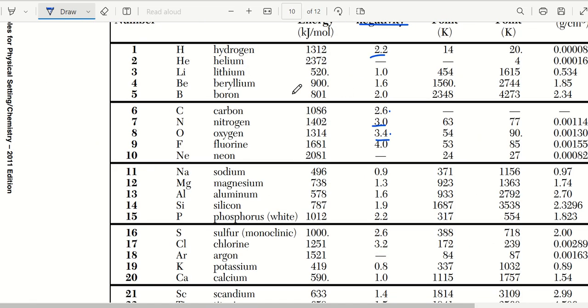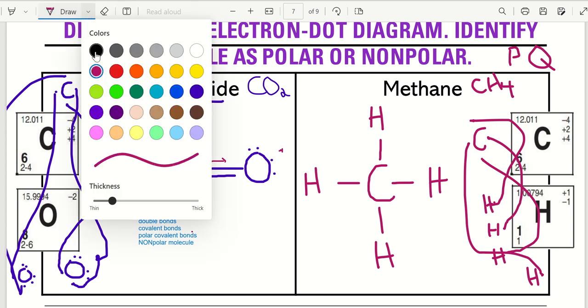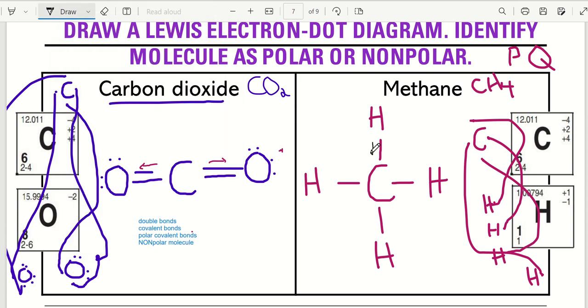So this bond, right, 2.6 minus 2.2 is non-polar or very, very low in polarity. But it doesn't even matter. Why? Because look at the distribution. It would be pulled this way, and this way, and this way, and this way, which is symmetrical.